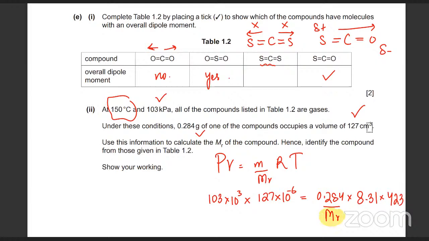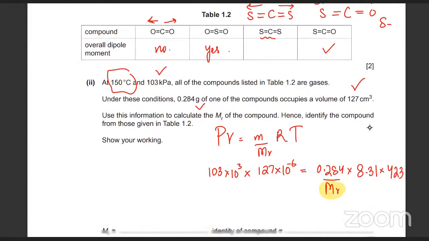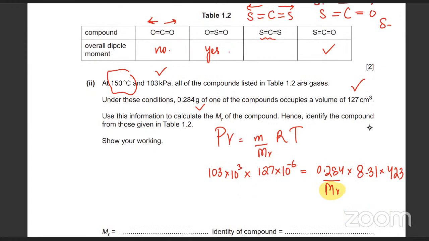It's coming out to be 76.3. So who is it? Definitely not carbon dioxide, that is 44. This is 64.